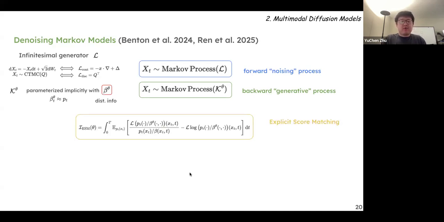All right. So how do we learn this? In Benton et al., they derive this explicit score matching objective for this general notion of Markov process.